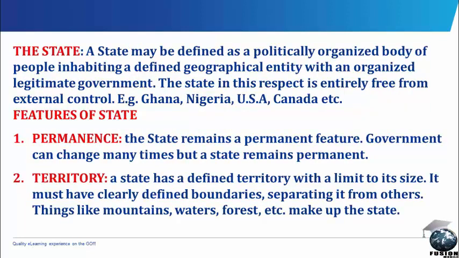For you to define a state, you must make sure that these four words are inclusive for you to get a correct definition of the concept that is the state. Examples of states include Ghana, Nigeria, USA, Canada, etc.